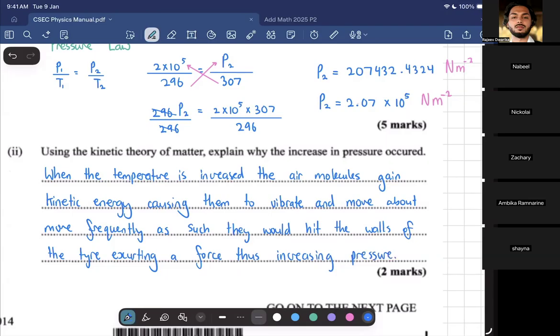When the temperature is increased, the air molecules gain kinetic energy, causing them to vibrate and move about more frequently. As such, they would hit the walls of the tire, exerting a force, thus increasing pressure.